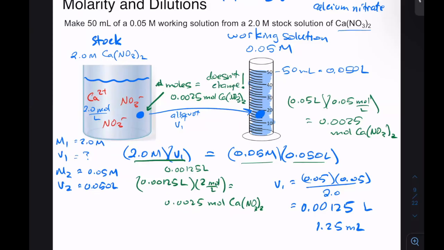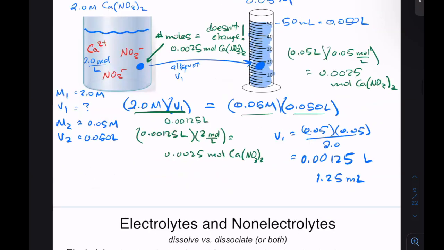Okay, you can do all sorts of things with this. We can also just focus on the concentration. We can focus now on the concentration of ions in solution. So in the working solution, for example, what's the concentration of calcium ions in the working solution?